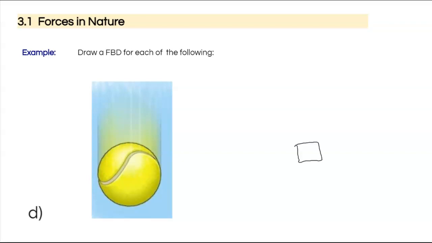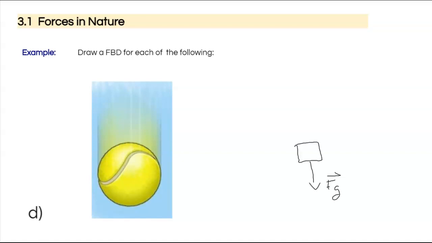Now, in this case, there are some things we may want to assume here, right? I know that there are no horizontal forces acting on this, and that's an assumption I'm making. It doesn't look to be going sideways in any direction, but I know that it's in free fall under the force of gravity. Now, I know in this case there is no normal force because it's not sitting on a surface, right?